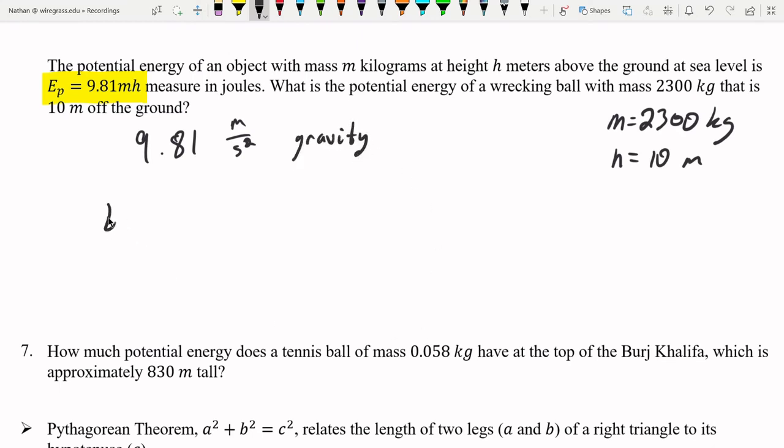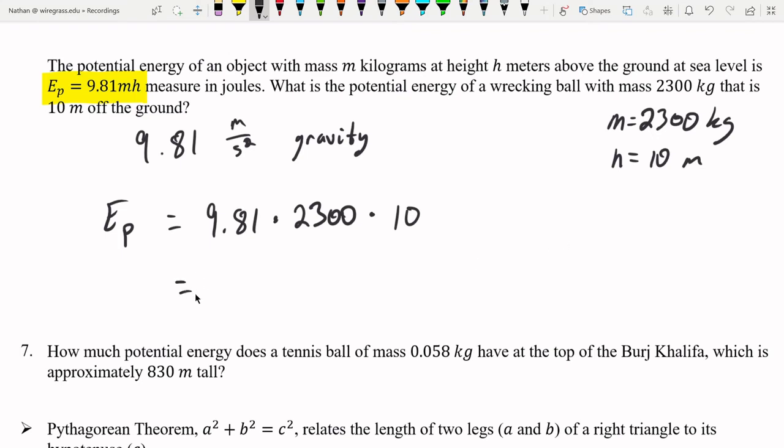Okay, so this is quite simple again. The energy, potential energy, that's going to be left the same. We're not doing anything with the left-hand side, but 9.81 times the mass, which is 2,300 kilograms, times the height, which is 10 meters.